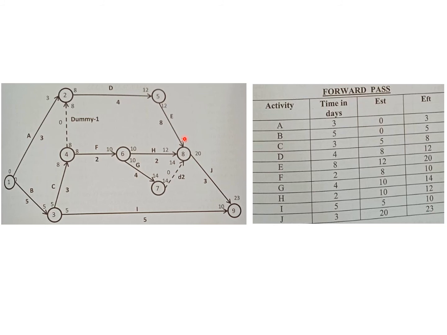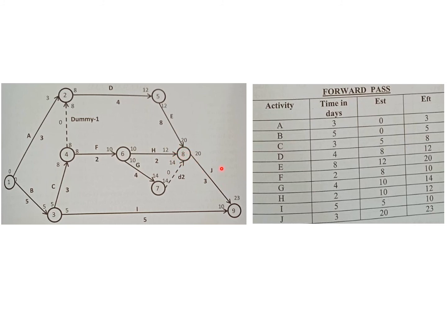If we were to look at A, C, F, G or F, H, either way, the time required would only be 14 days. But we need to take the maximum, because this is a junction activity. This particular node 8 is a junction node for J to begin.